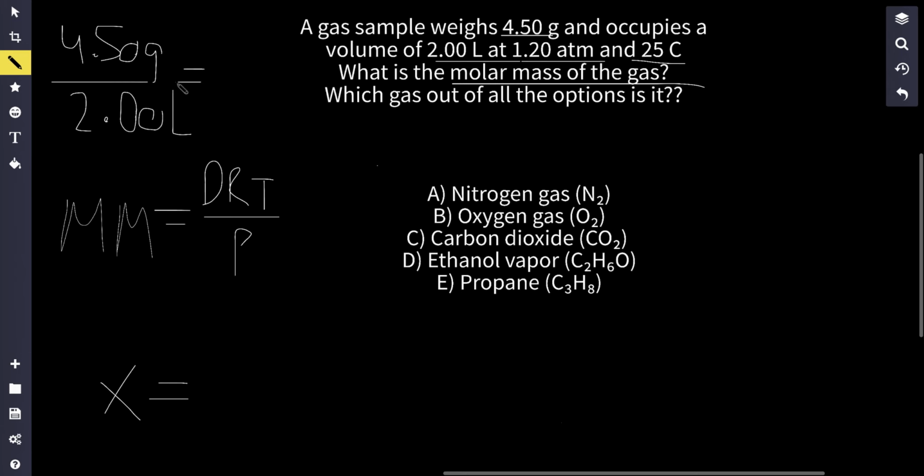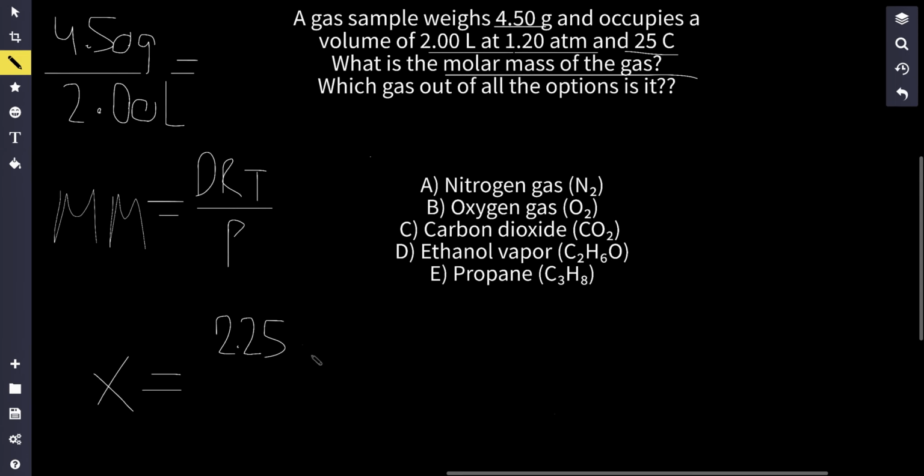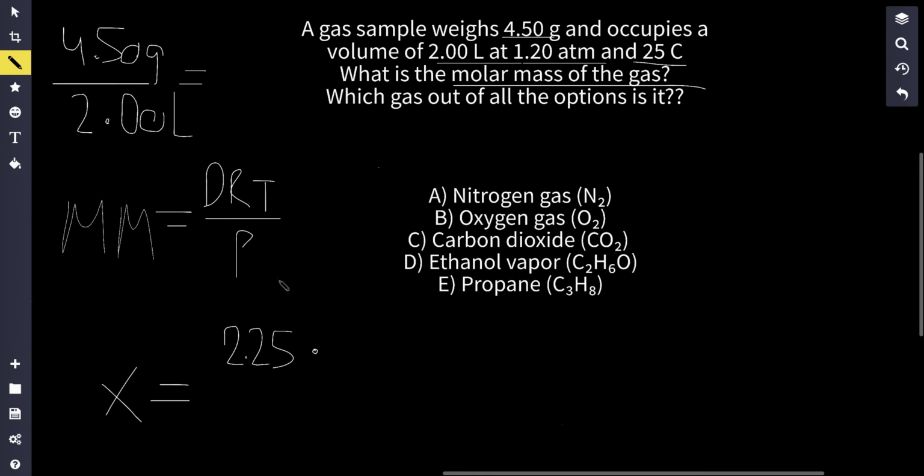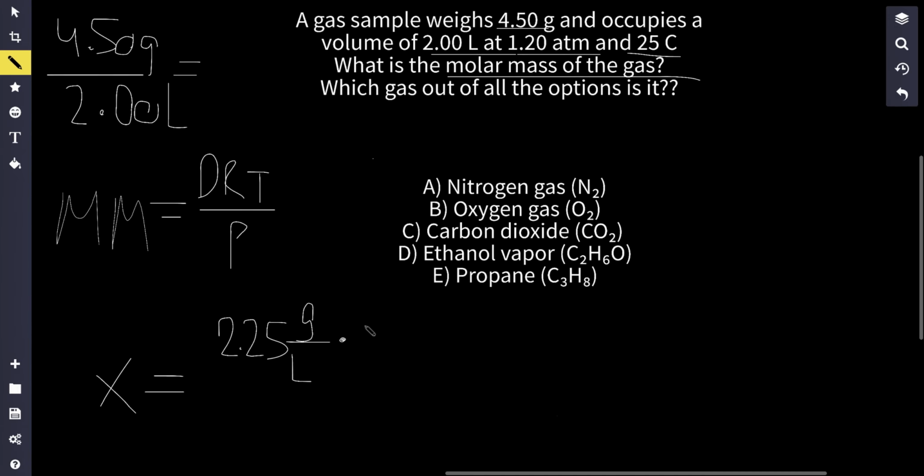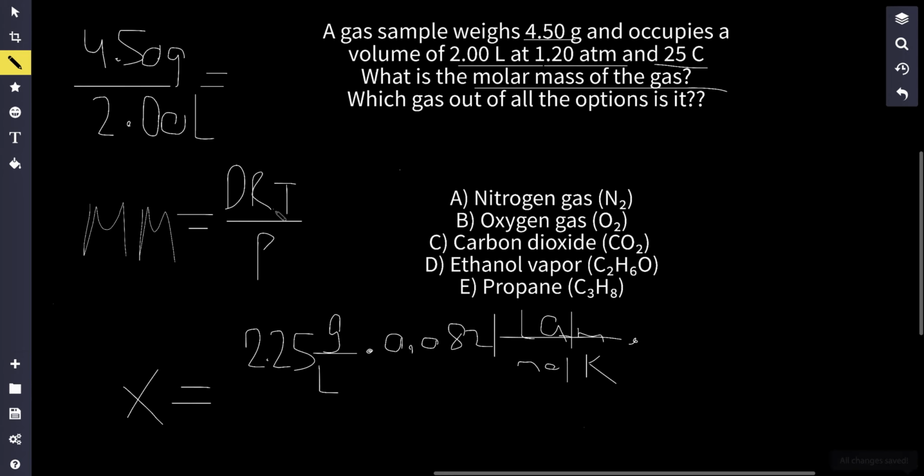Our density is going to be equal to 2.25 grams per liter. And then this is going to be multiplied by our constant, 0.0821 liters atm over moles Kelvin, and then multiplied by our temperature.